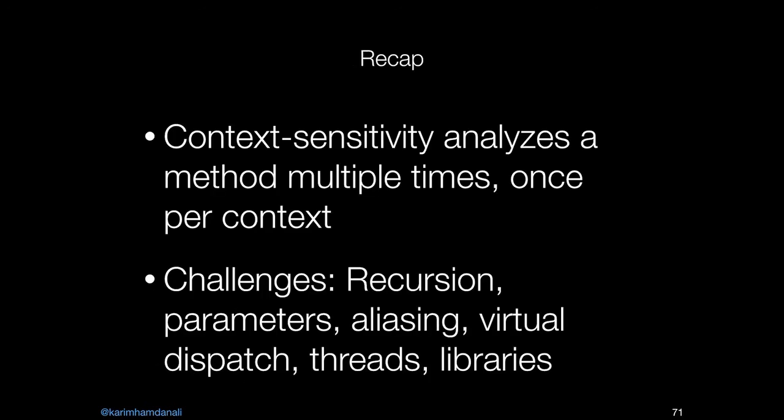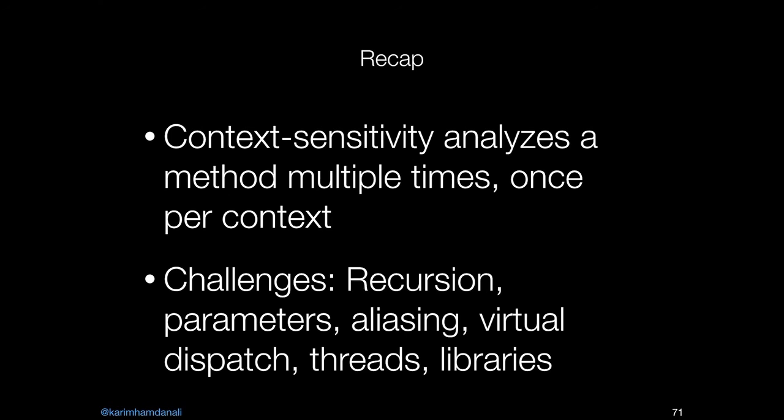So to recap what we talked about today, basically context sensitivity analyzes methods multiple times. You analyze the method once, contextualize it or parameterize it so that you can apply a different context to it and then get a different result every time.